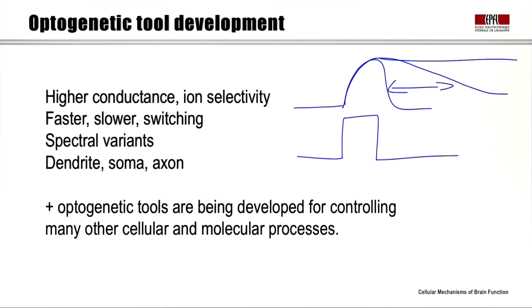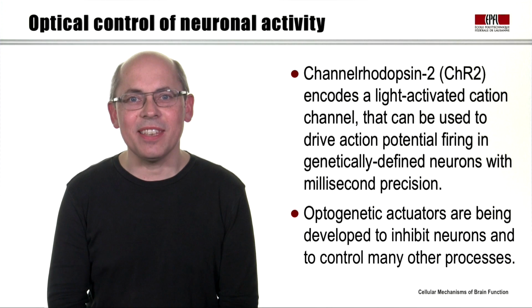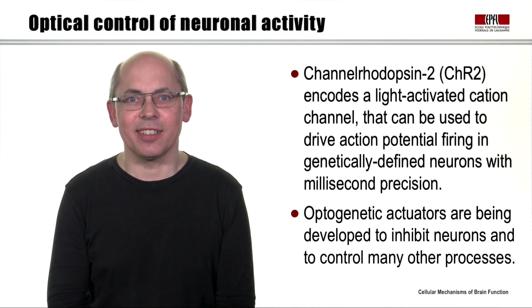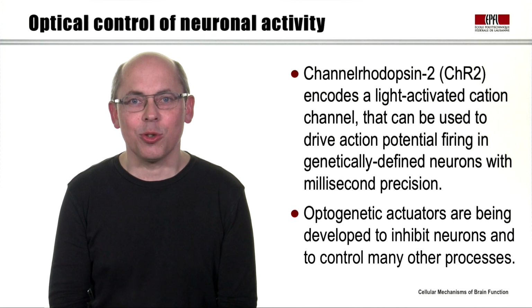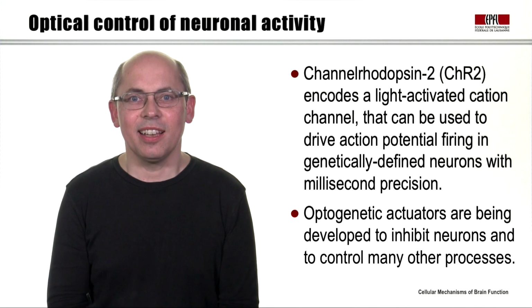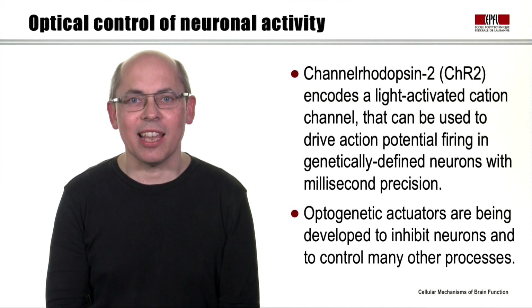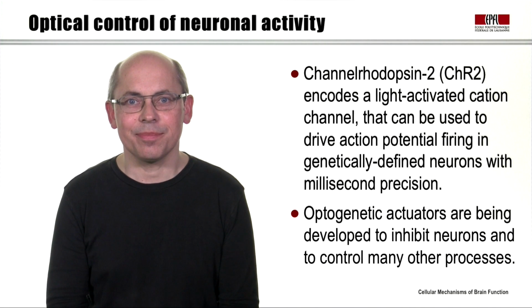So in this video, we've seen that channel rhodopsin 2 is a powerful tool for the neuroscientist. Channel rhodopsin 2 encodes an intrinsic light-activated cation channel that, when expressed in neurons, allows us to control their firing with millisecond precision.